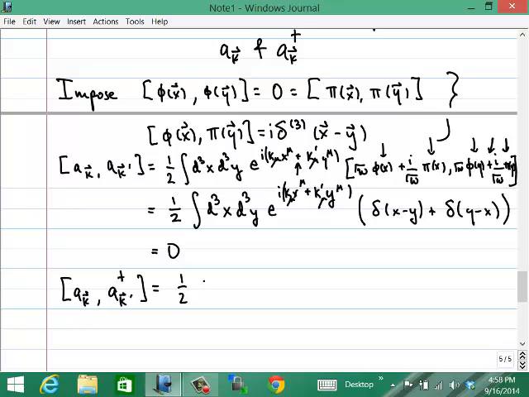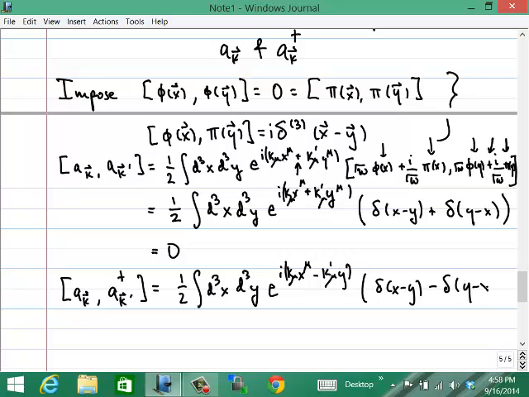You get 1/2 times the integral d3x, integral d3y of e to the I kx minus k prime y. And here you get a delta of x minus y minus delta of y minus x. And minus delta of y minus x, well, that's just another name for delta of x minus y. So you get two factors of delta of x minus y, which cancels that factor of 1/2 out front.